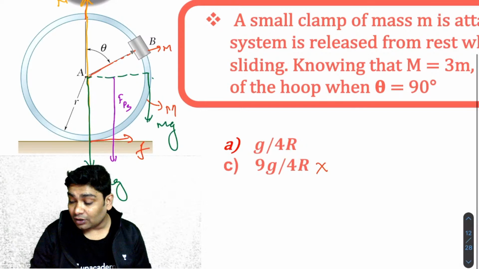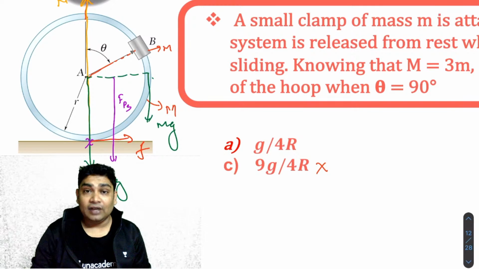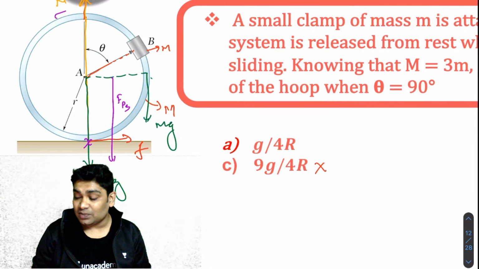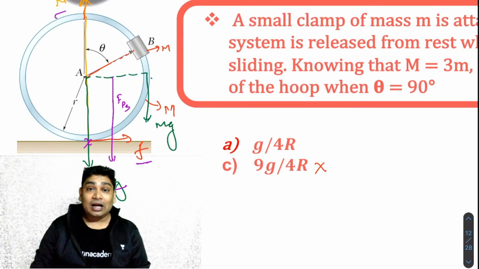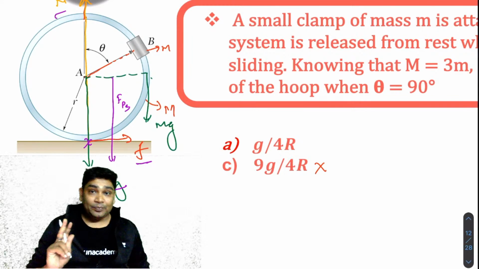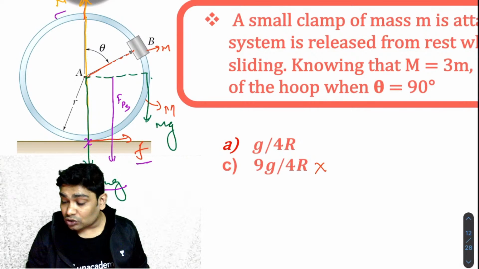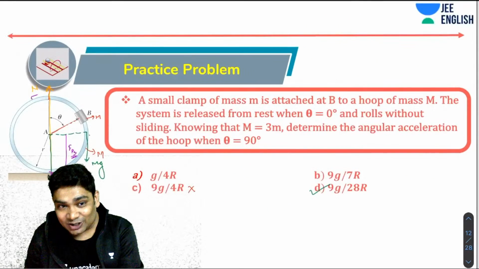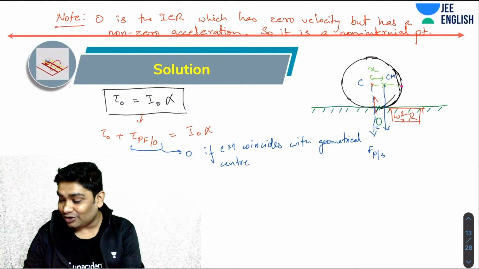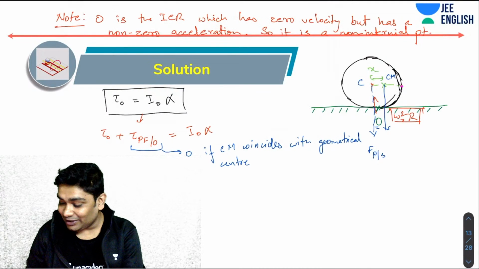Now when I'm taking torques about O, I will have no torque due to N because it passes through O, no torque due to friction, and no torque due to 3mg, because these also pass through O. However, I will have two torques now: one from mg, and also one from this pseudo force. Let me solve this one and then I will answer your query.